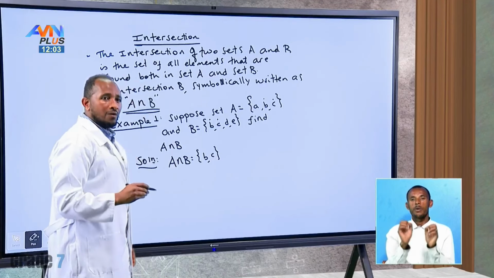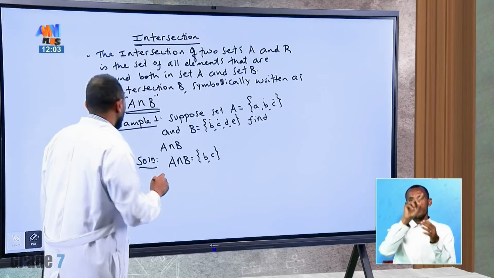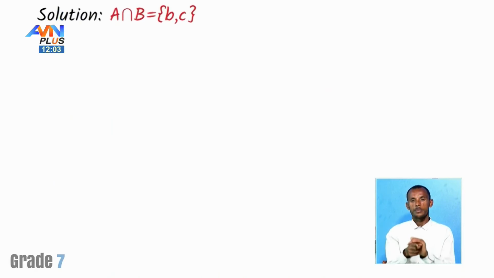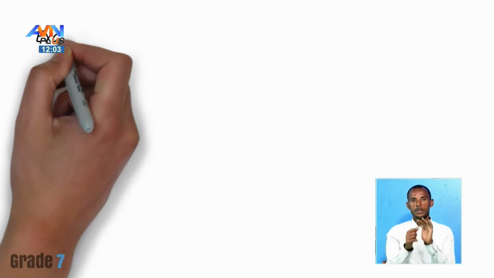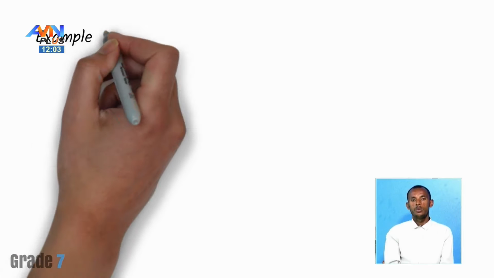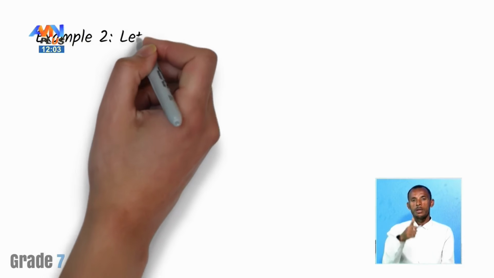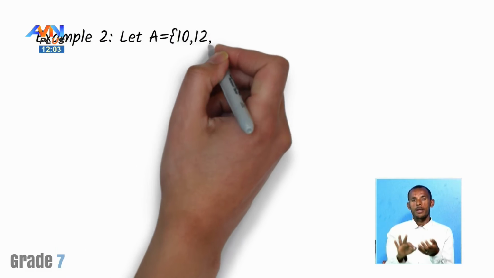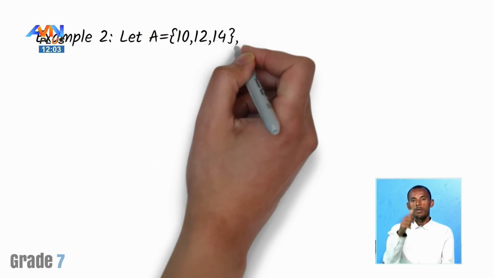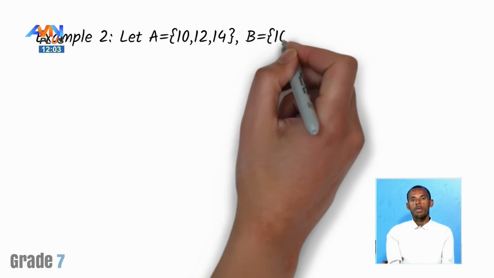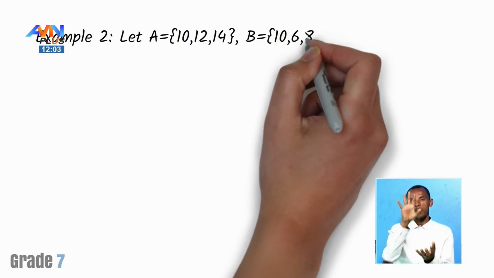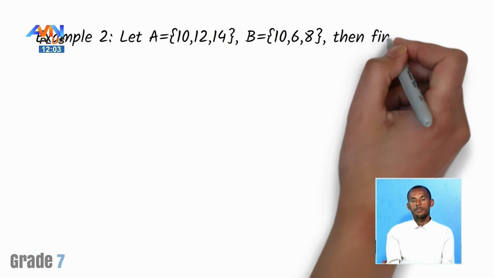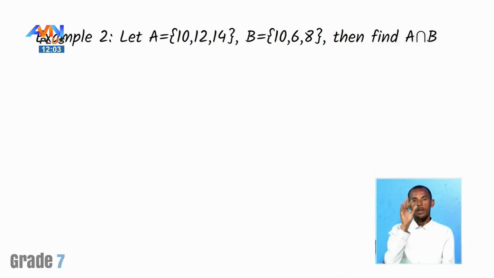Okay, now let me give you one question for you. Example 2. Let A contain the numbers 10, 12, 14, and set B contain the numbers 10, 6, and 8.